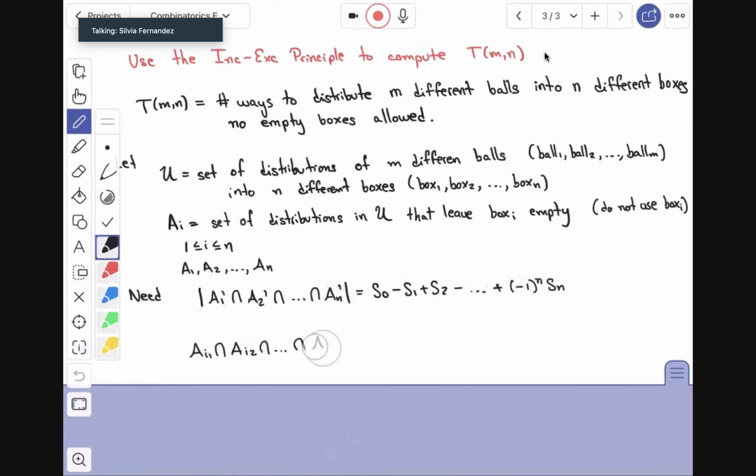If I have k of these elements intersecting, that means this is the set of distributions in U not using box i1, box i2, box ik, not using those k boxes.